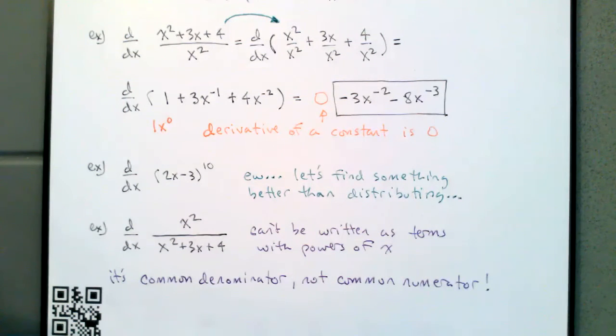Sometimes students try to invent new algebra rules through will alone. But the rules of algebra are not in place because of some kind of magical thing. The rules of algebra are the way they are because that's how numbers work. And so I can't distribute the numerator to the terms in the denominator. That's not how numbers behave.